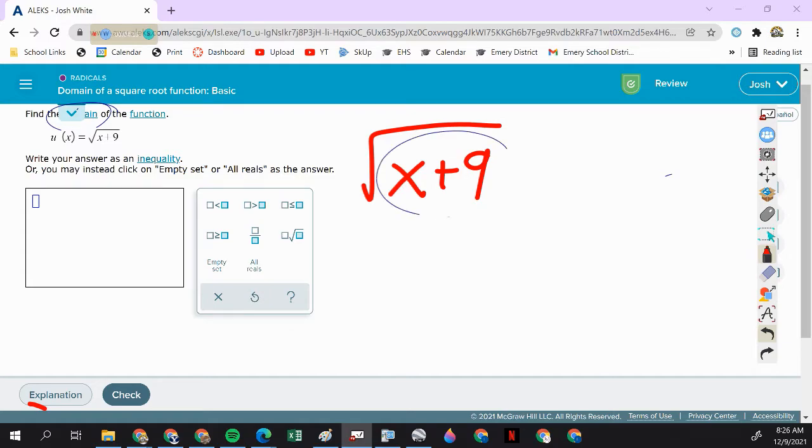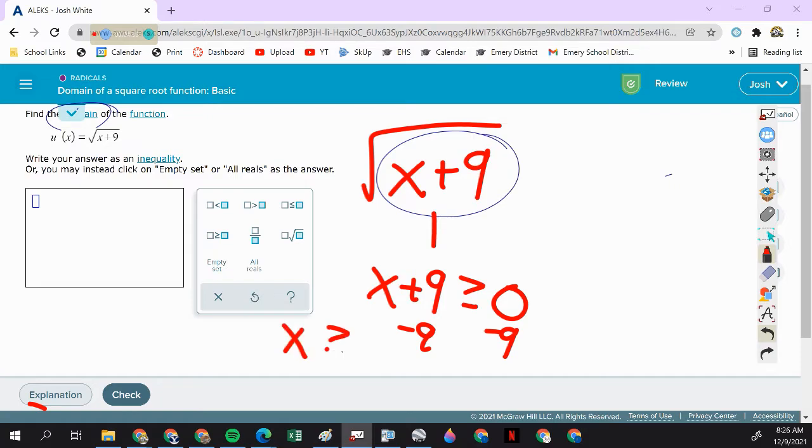We know that this has to give me either a positive number or 0. So we take the stuff on the inside, x plus 9, and we write greater than or equal to 0, and then we solve for x. x is greater than or equal to negative 9.